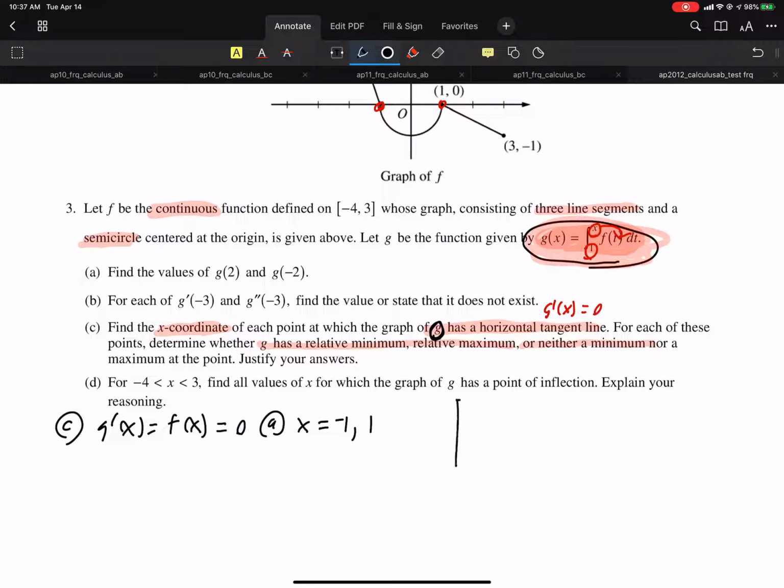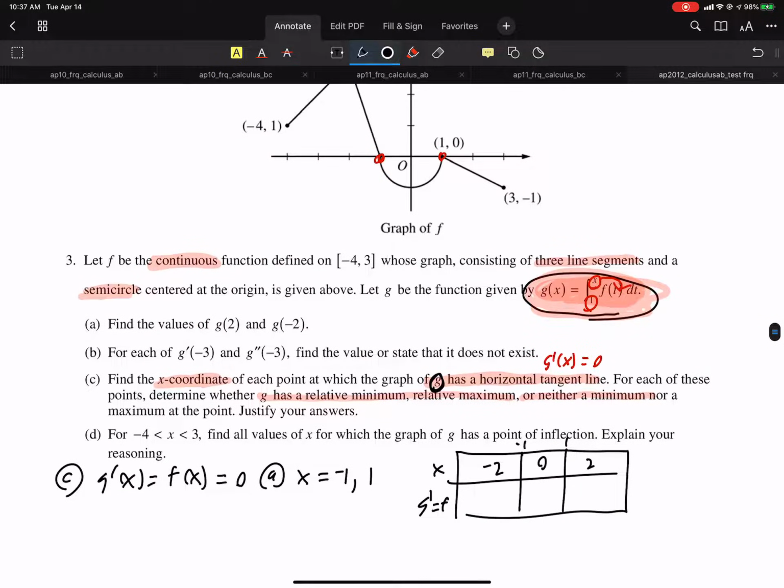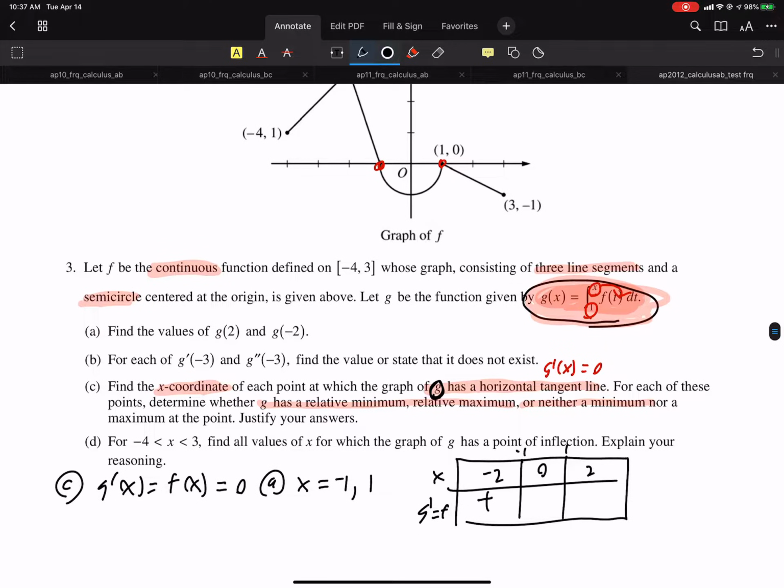So we're going to make a table of what happens around negative 1 and 1. I can do negative 2, 0, and 2. And I want to know what's happening to g prime, which is f. So f at negative 2 is positive, f at 0 is negative, f at 2 is negative.